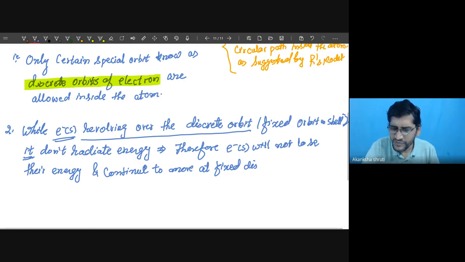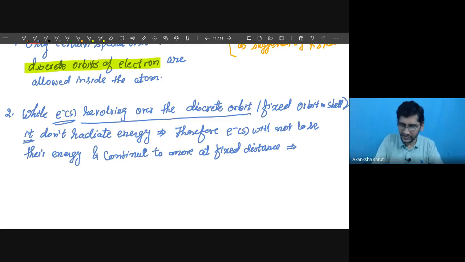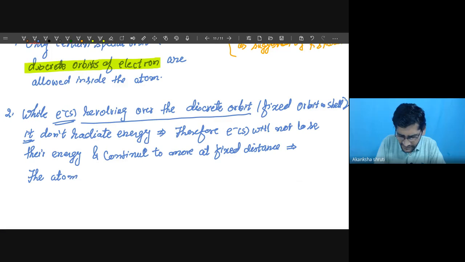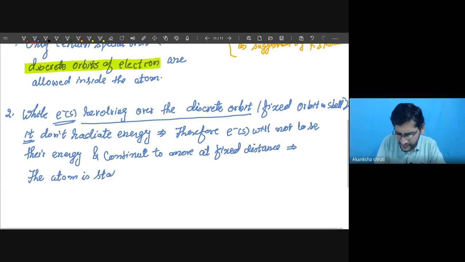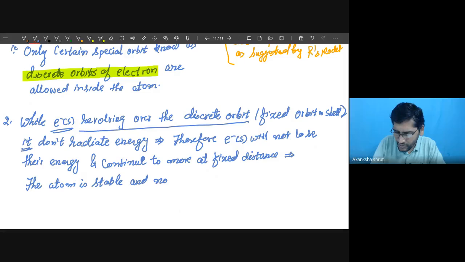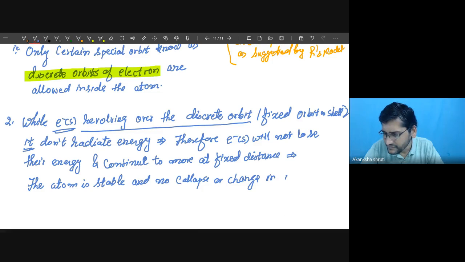While the electron is moving at a fixed distance, the size of the atom remains unchanged. So this implies the atom is stable, with no collapse or change in the size of the atom.